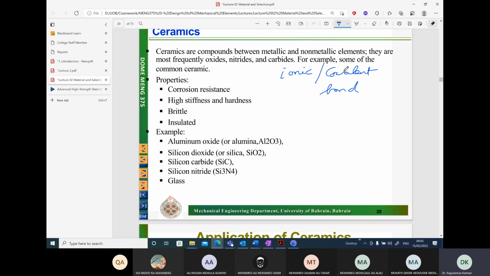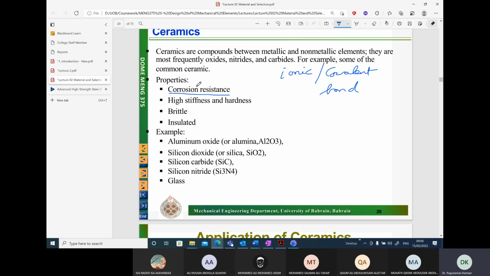This means the position of the atoms cannot be changed. The electrons are stuck to a particular atom and cannot move around, which means they are very good thermal and electrical insulators. It is also very corrosion resistant because these electrons cannot move around.